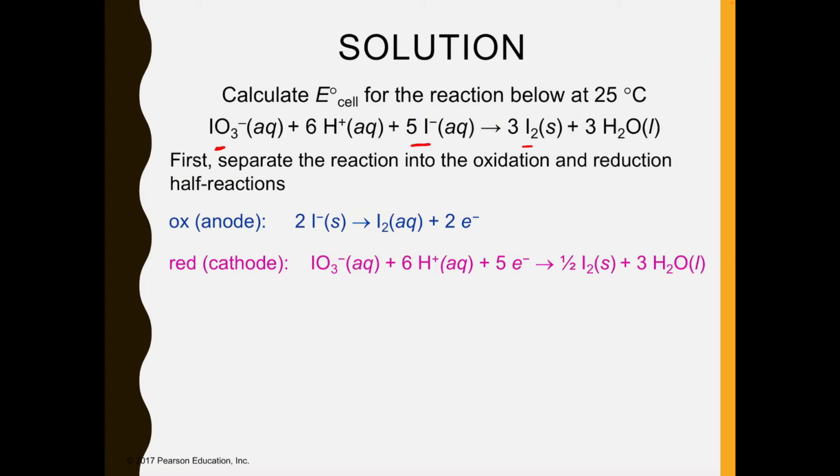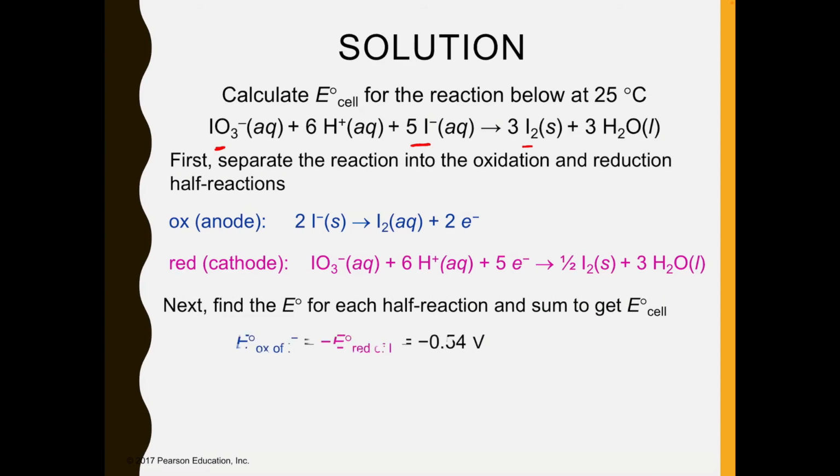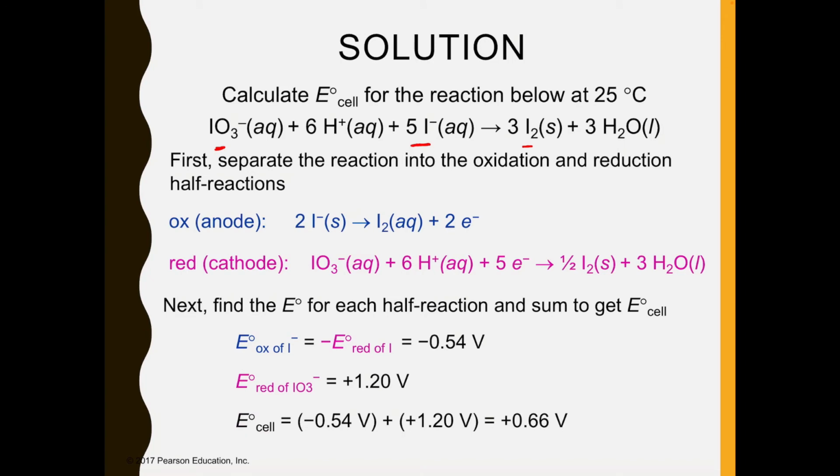Okay, so we know that our iodide is going to be oxidized. Therefore, when we look up that reduction potential, we need to take the negative value of it. So normally it would be 0.54, so we're going to have it be negative 0.54. And then we can just find the reduction potential of our iodate, and then we can add them together to get the E naught of the cell.